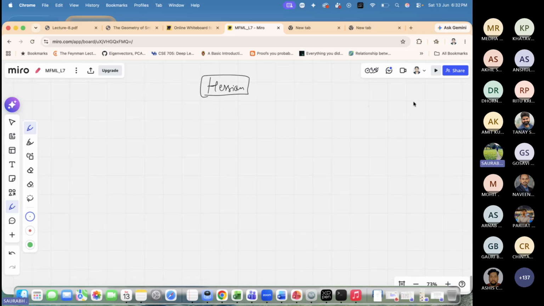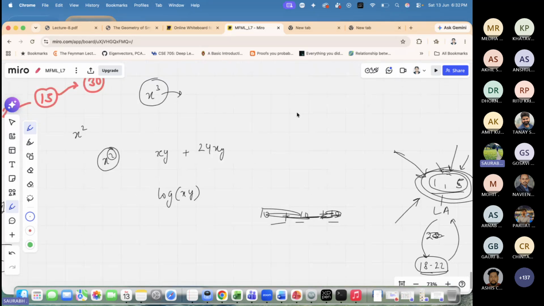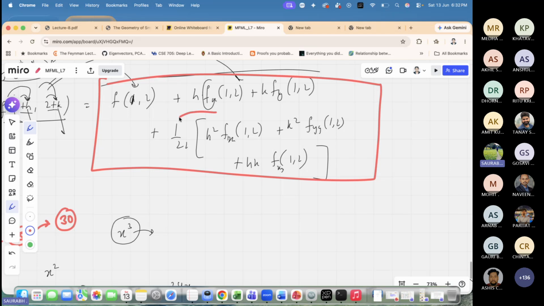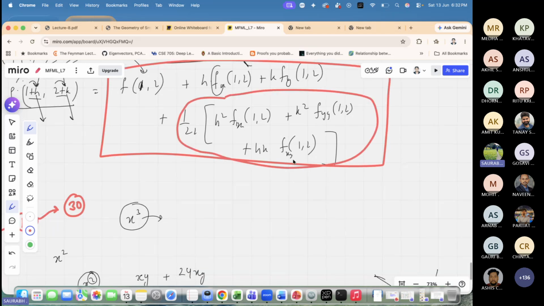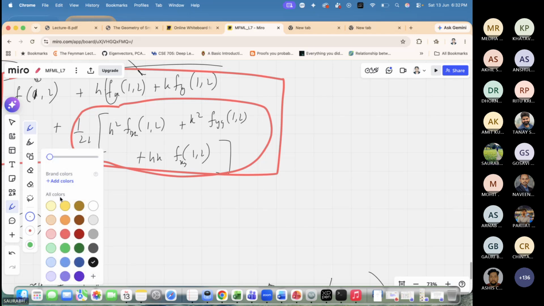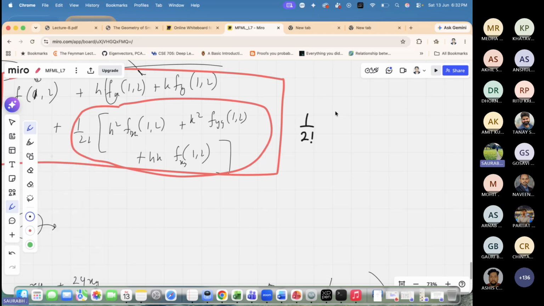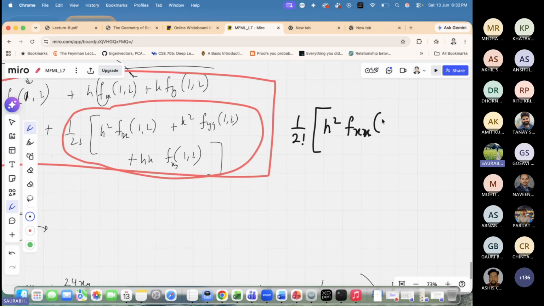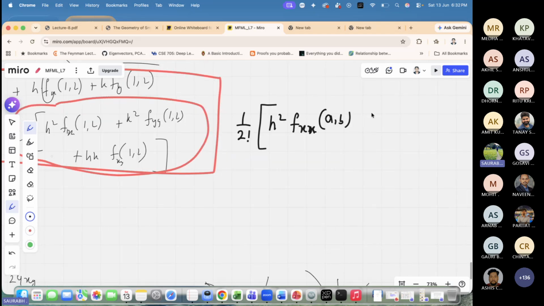We can continue. So now, if you think of this particular part, what it says, if I have to write it here, is 1 by 2 factorial, and let me write it cleanly: h square times the double derivative of f with respect to x at a particular point, let's say that point is AB, plus k square times the double derivative of the function with respect to y at point AB, plus 2hk times the joint derivative with respect to x and y at point AB.